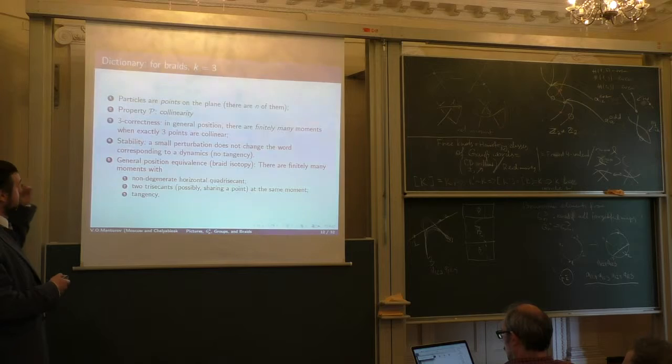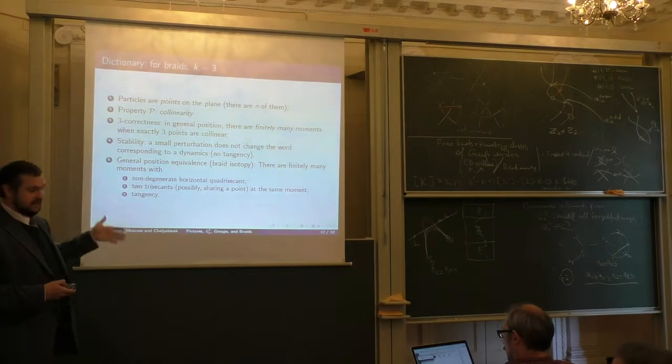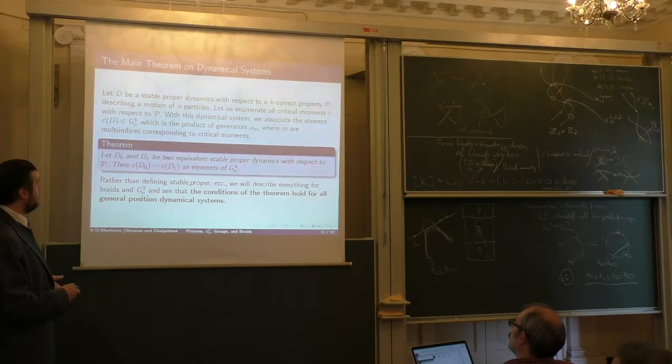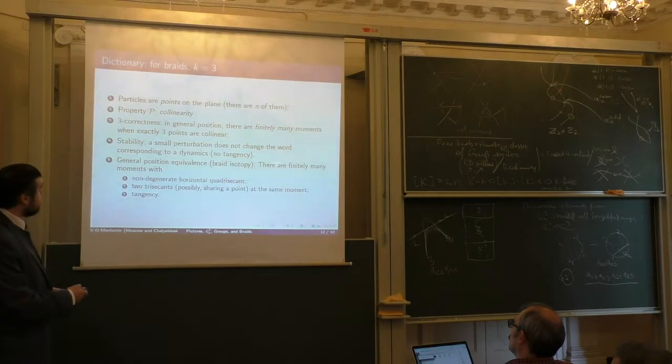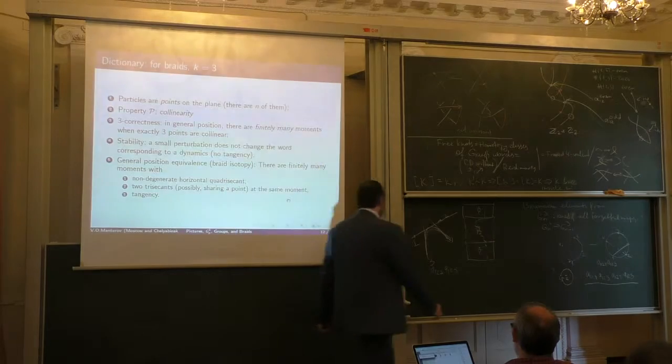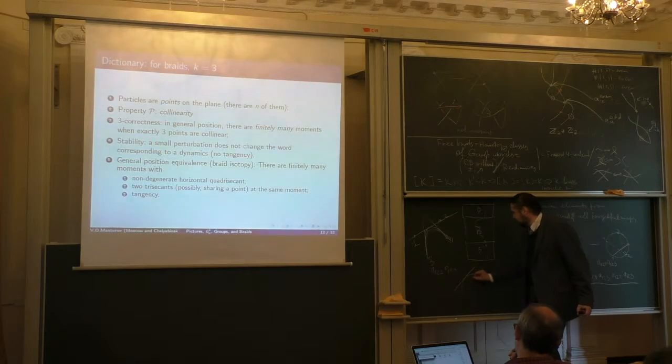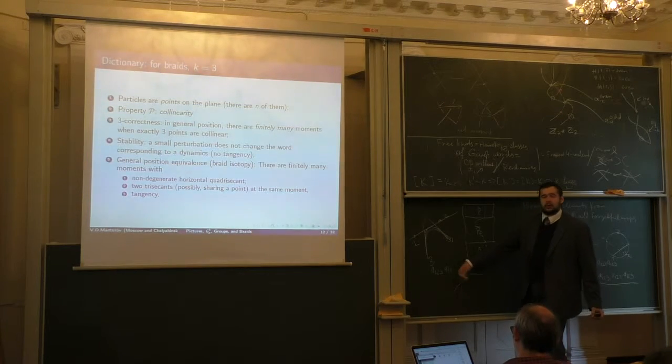Stability, so in the previous slide I said something about stable proper dynamics, actually means that my initial braid is not like this. So, when I touch it a little bit, the word will be the same.